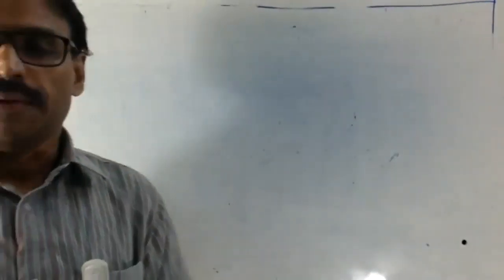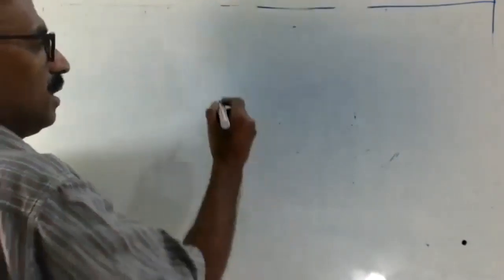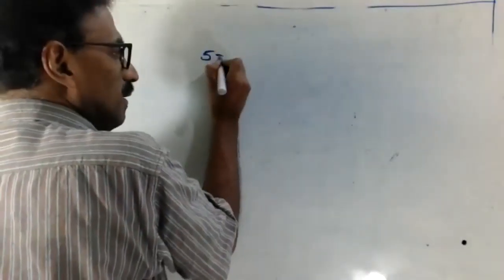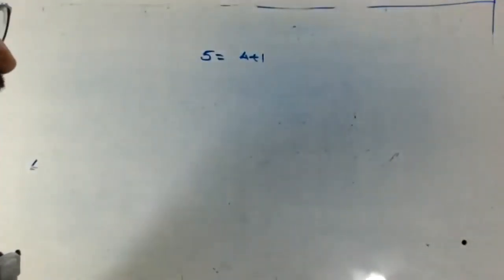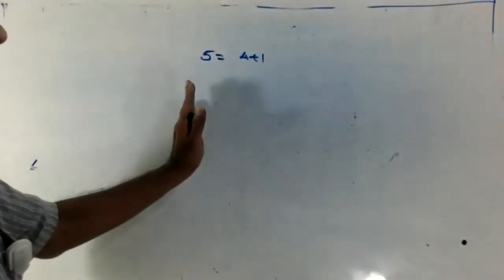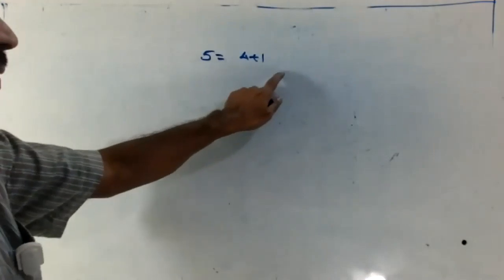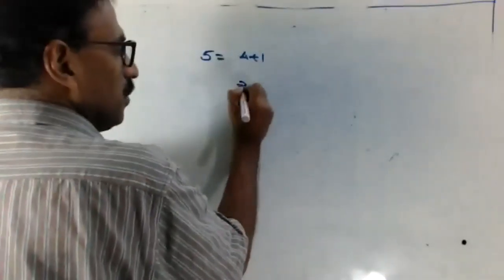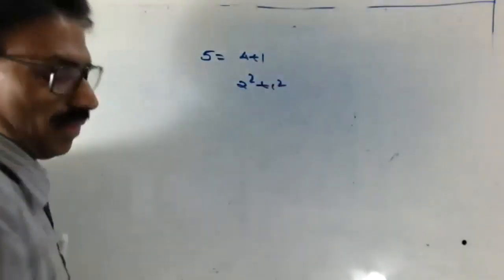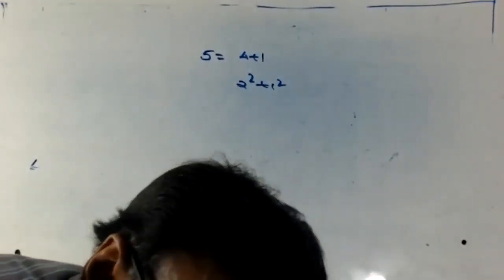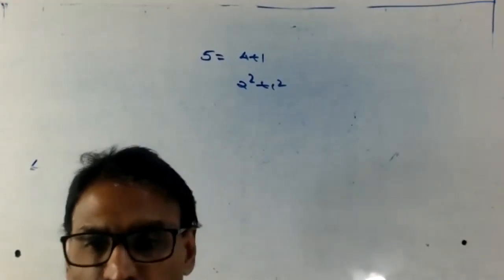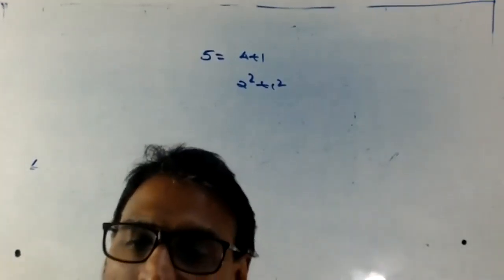So now look here, we are just concluding. See the 5 we did. The best plan is to split it into two perfect squares. 5 equals 4 plus 1, so we can make 2 square plus 1 square. Some students asked me, we took base as 2, height as 1.